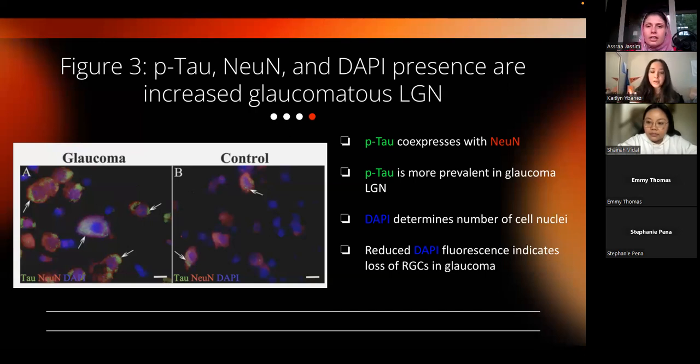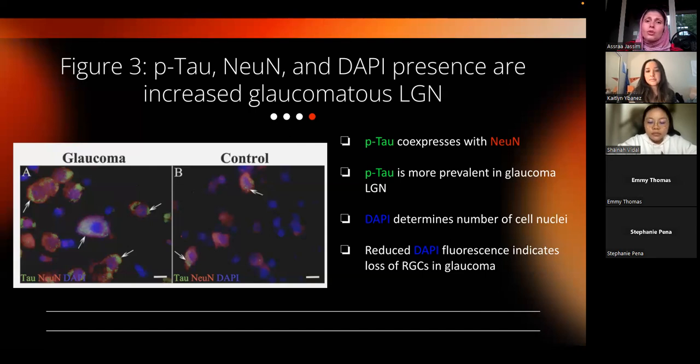Yeah. And so the accumulation is bad. Yes, exactly. But when it's co-expressed with NeuN, what does that mean? I'm not totally sure. It just means that NeuN cells, which are the retinal ganglion cells in the retina, are expressing or accumulating a lot of tau, of p-tau.